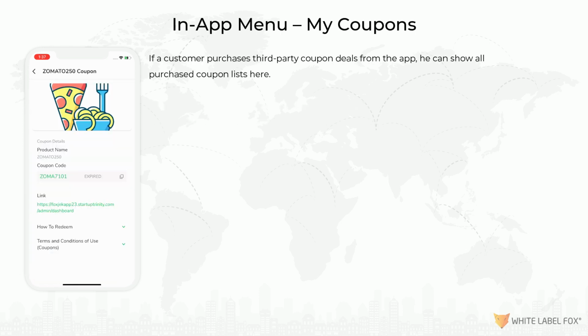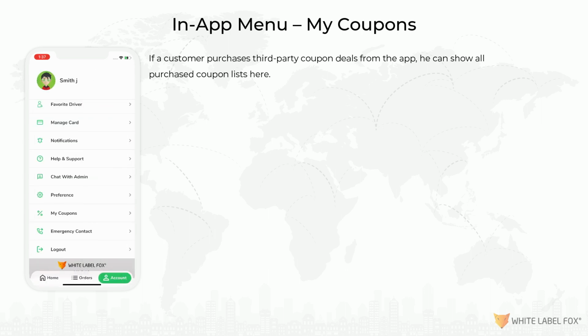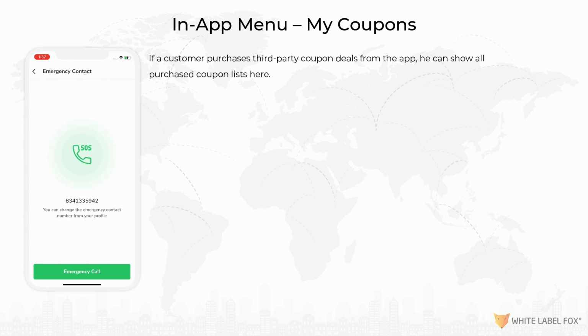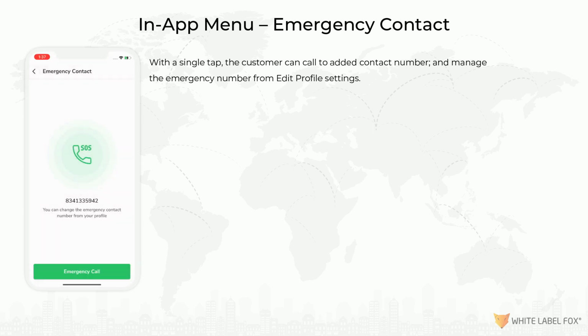If a customer purchases third-party coupon deals from the app, he can show all purchased coupon lists here. In-app menu, Emergency Contact. With a single tap, the customer can call the added contact number and manage the emergency contact number from edit profile settings.